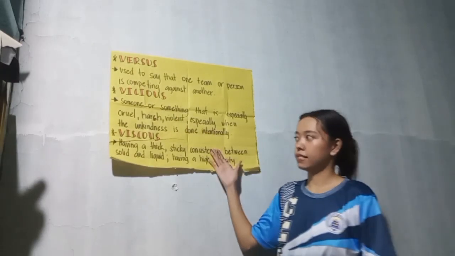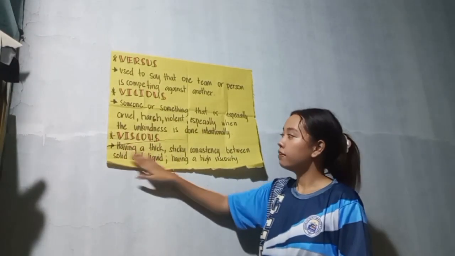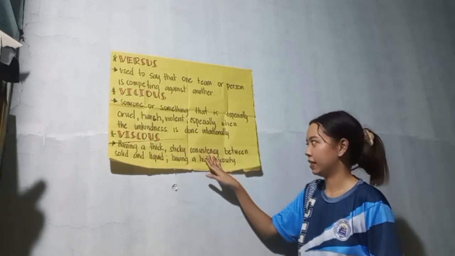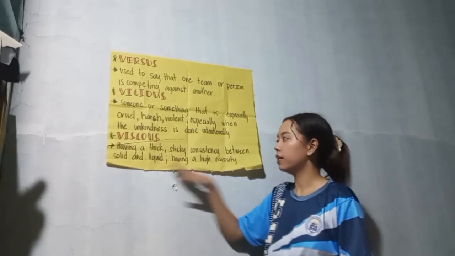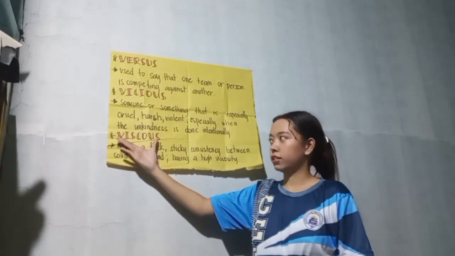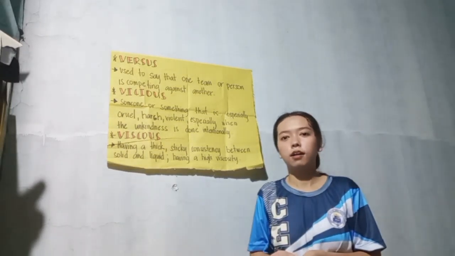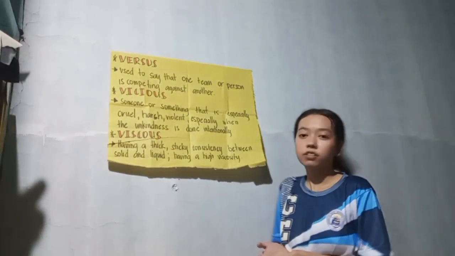The next is viscous. Viscous, having a thick, sticky consistency between solid and liquid, having a high viscosity. So, yung example ng viscous is the viscous lava.